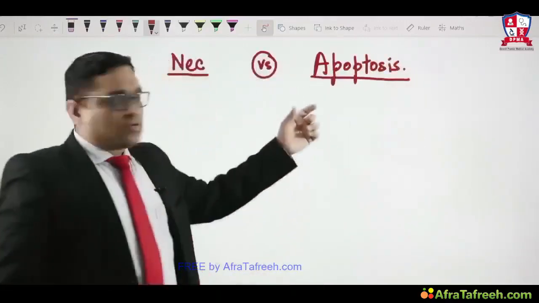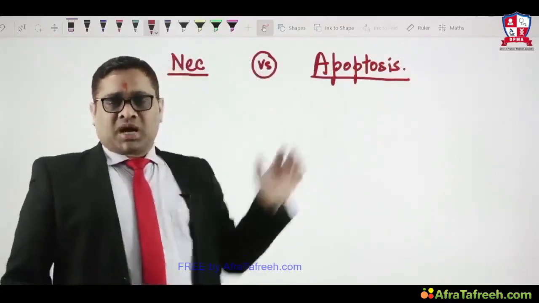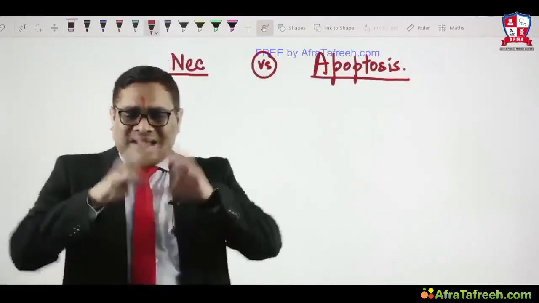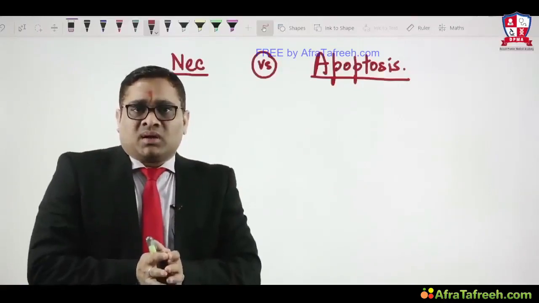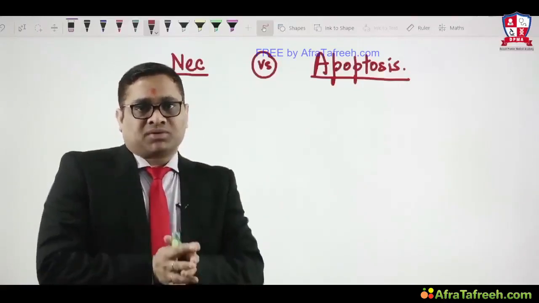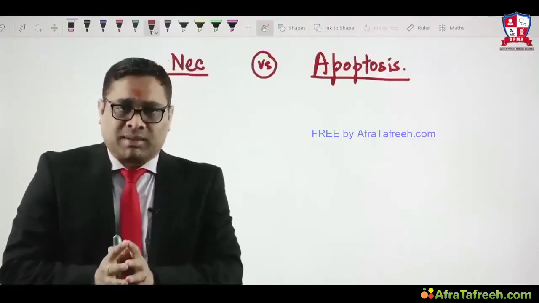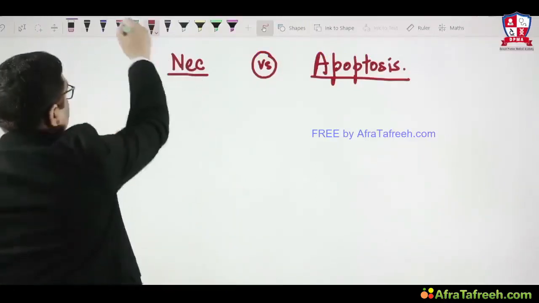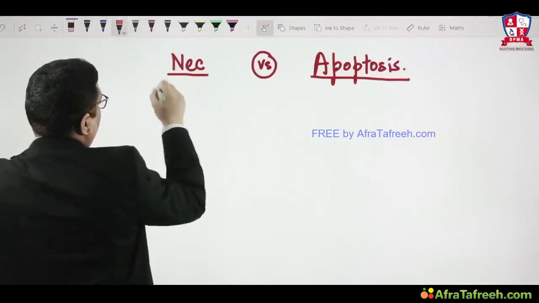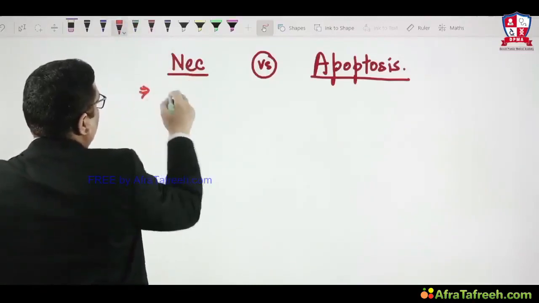Before we move to the next topic, which is apoptosis, I just wanted to give you a salient and important discriminating feature between necrosis versus apoptosis, which is very important for exam as well as concept, right? So what happens in necrosis?